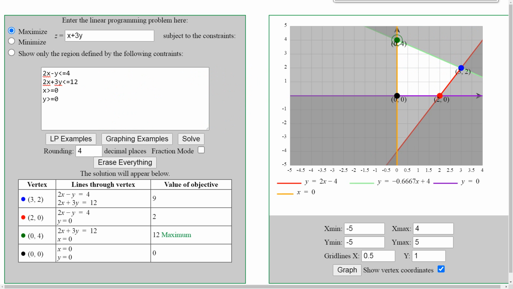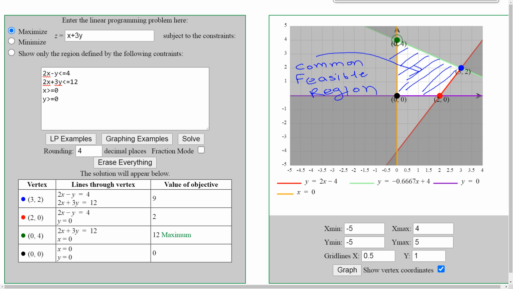Whatever we have shaded in the white region is the common feasible region which we have determined. This is the second step.